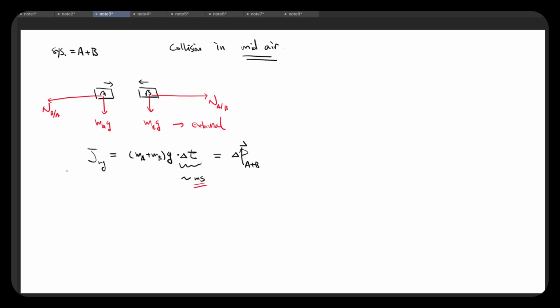Okay, so in the future we can neglect this impulse due to gravity. So that's the collision process. Okay, so now I'm going to talk about different types of collision.